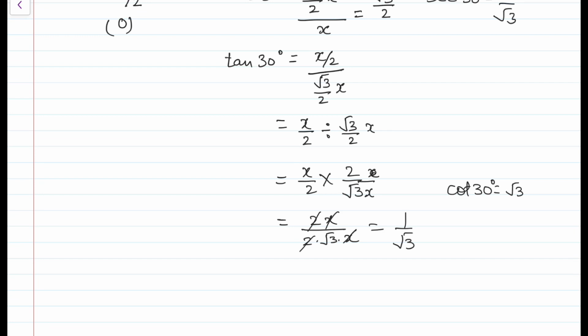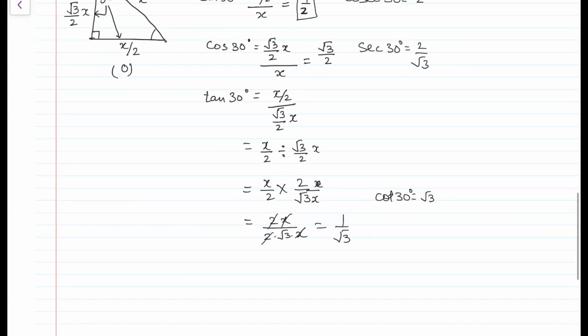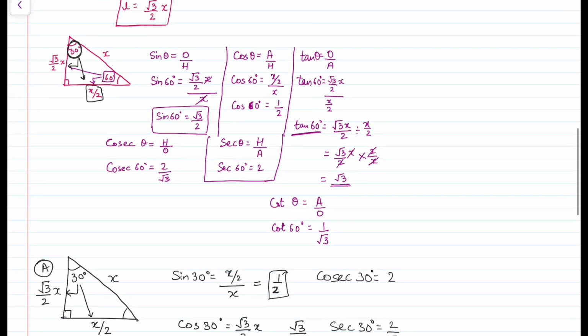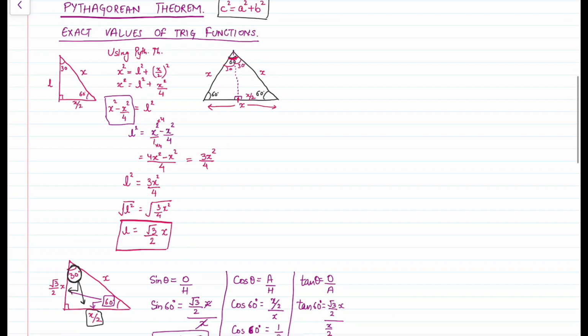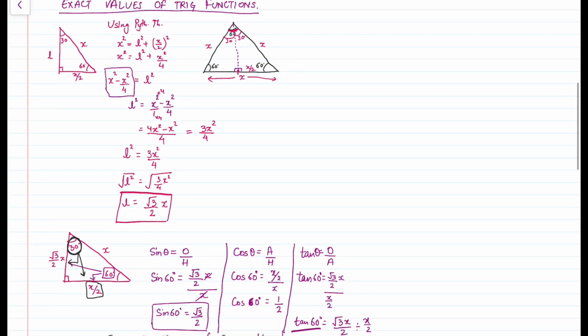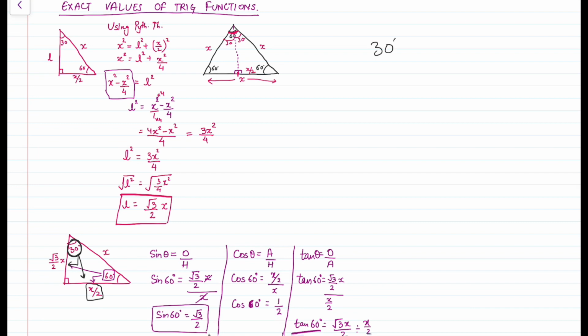All right, so these are a few values that we have found so far using the triangle, using the equilateral triangle.